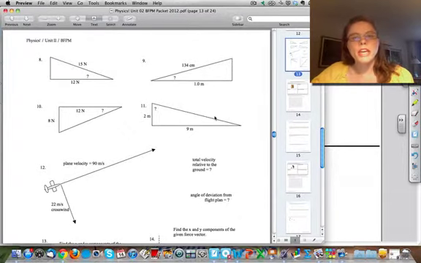So turn to page 13 in your balanced force particle model packets, and you should see this page right here. And some of you have these problems done, some of you do not. So let's just review some of these problems. We'll do the evens, 8, 10, and 12 today.